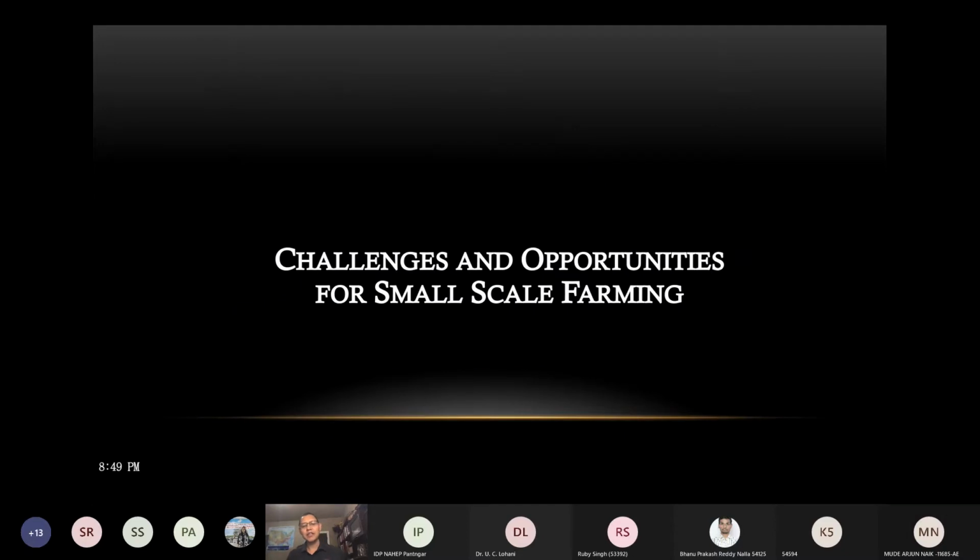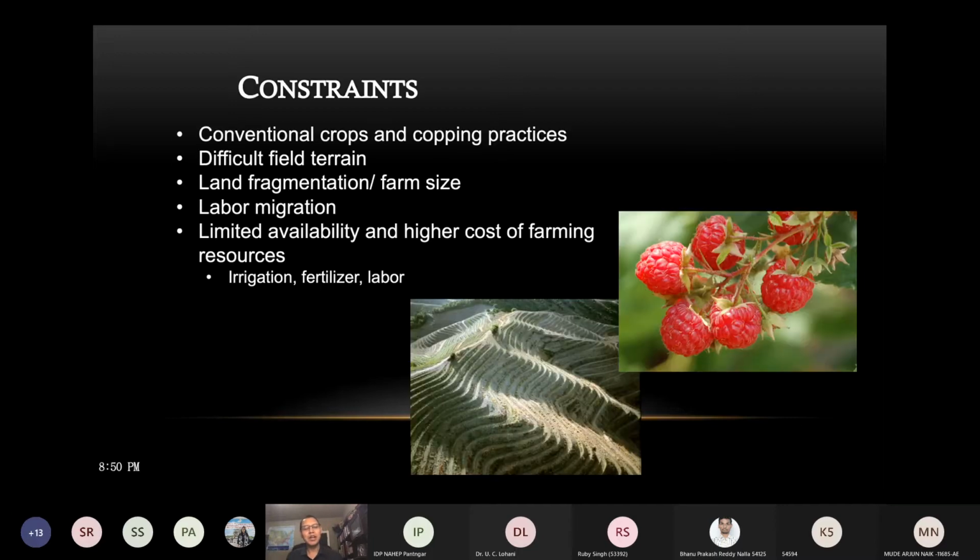Challenges and opportunities, particularly for small-scale farming, which might be to some extent relevant to countries like India, Nepal, and a lot of developing countries in Africa and other parts of the world, where I believe we are constrained by conventional crops and cropping practices, difficult field terrain in some areas, and land fragmentation and farm size, which has been a big issue in various countries.